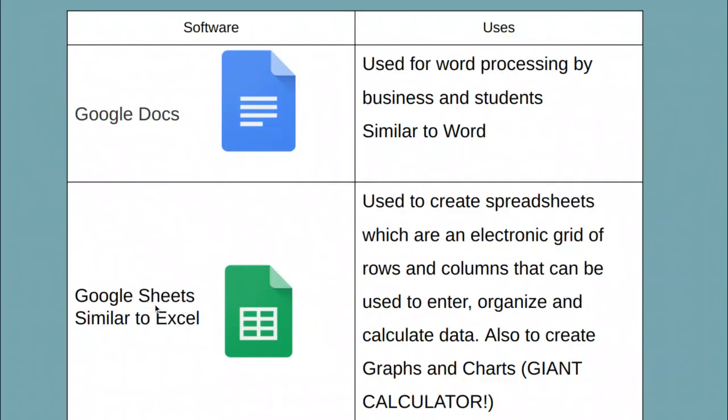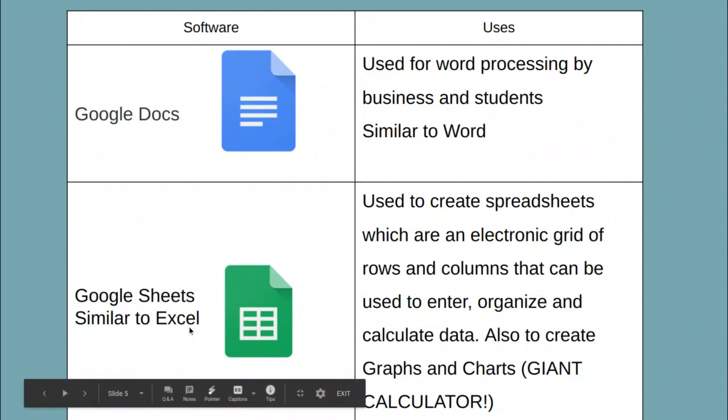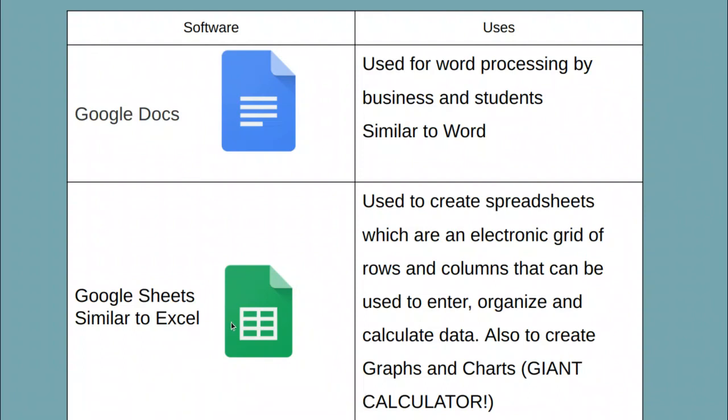Google Sheets is a type of spreadsheet and also very similar to Microsoft Excel. It's used to create spreadsheets, which is an electronic grid of rows and columns, and can be used to enter, organize, and calculate data. And it is also used to create graphs and charts. I always use the abbreviation: it's like a giant calculator.